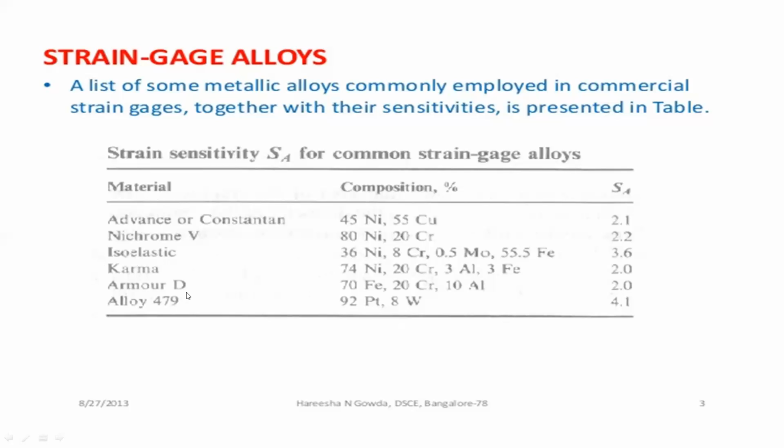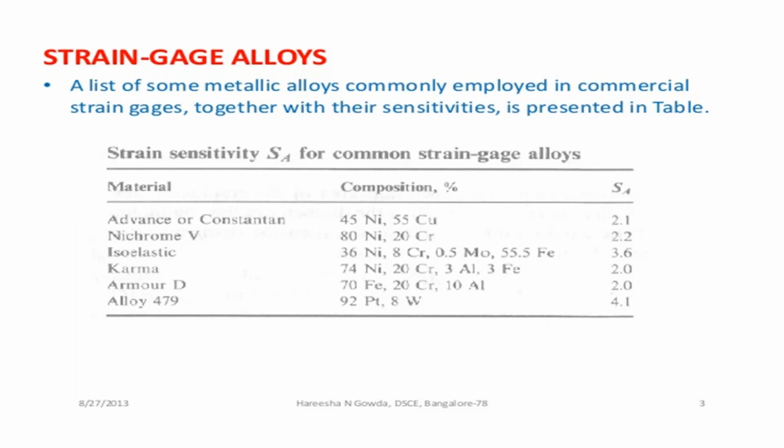Next, the last one, Li 479. In this alloy, platinum is 92%, the maximum amount of the composition. The remaining 8% is wolfram material, that means tungsten, a greenish white lustrous metal.